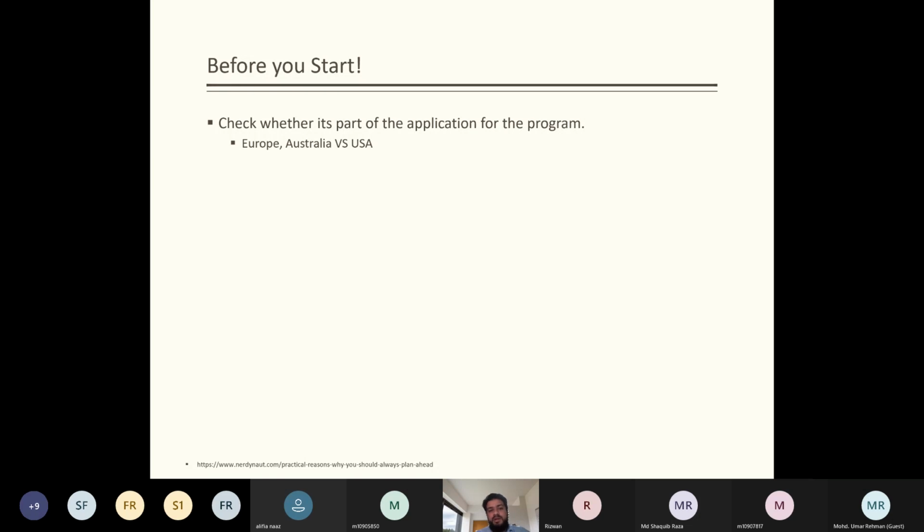So this is very important: you need to first decide which part of the world you're planning to do your PhD in. If you are certain that you're going to end up doing a PhD in Europe, then you should start preparing your research proposal because you're going to need it for your application. But for the USA, I can pretty much say with 99% surety that it's not a part of your application. But you can of course make a research proposal, attach it in an email, and send it to an advisor.